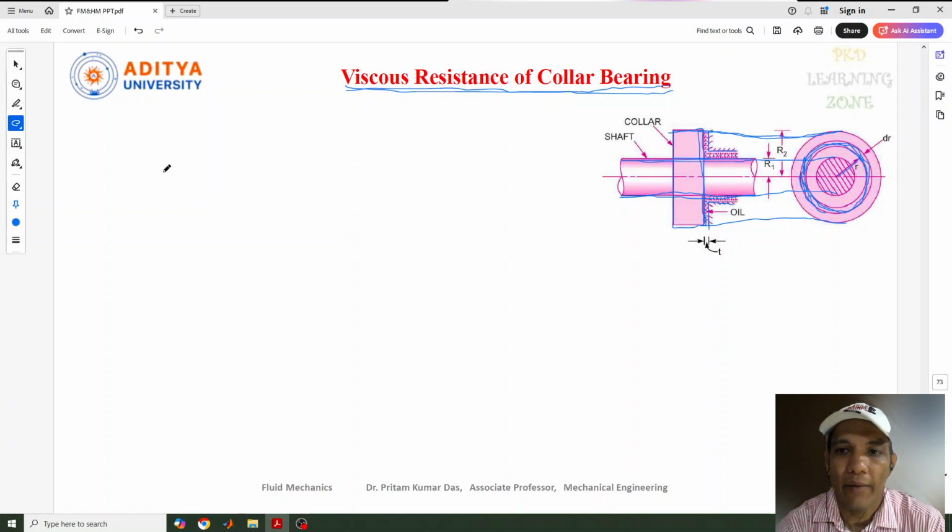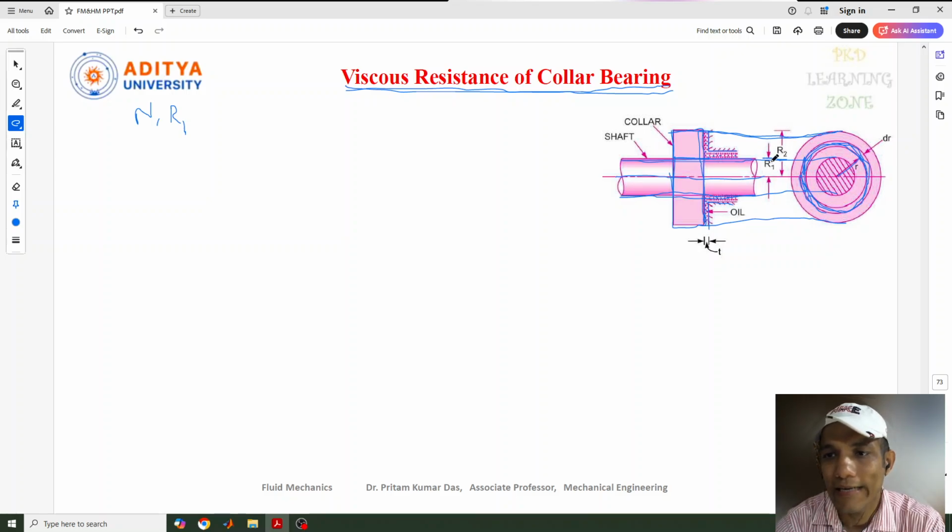What parameters do we need to consider here? First, N. N is the speed of the shaft, which rotates at a given RPM. Next is R1, the internal radius of the collar, from the center point up to here.